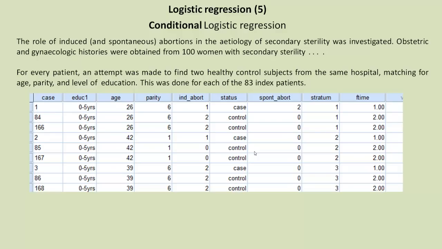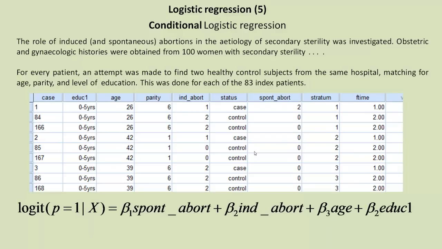We have 1 case and 2 controls. And I've added this additional variable which is necessary to get the data working in R and SPSS, which I'll talk about again. So here's the equation this time with some additional independent predictors. And again, the outcome variable, the dependent variable, is the case control group values, which is whether they're sterile or healthy.